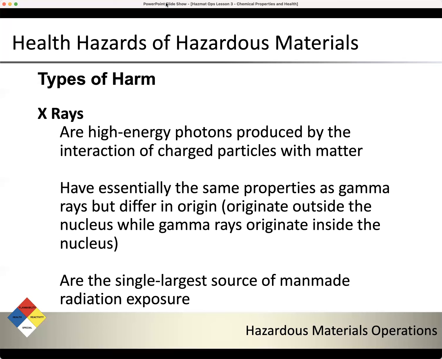Alpha and beta. They are particles. You can be contaminated with those particles. However, you can also be contaminated with gamma emitting materials. But you're not the source. You have not been made radioactive.